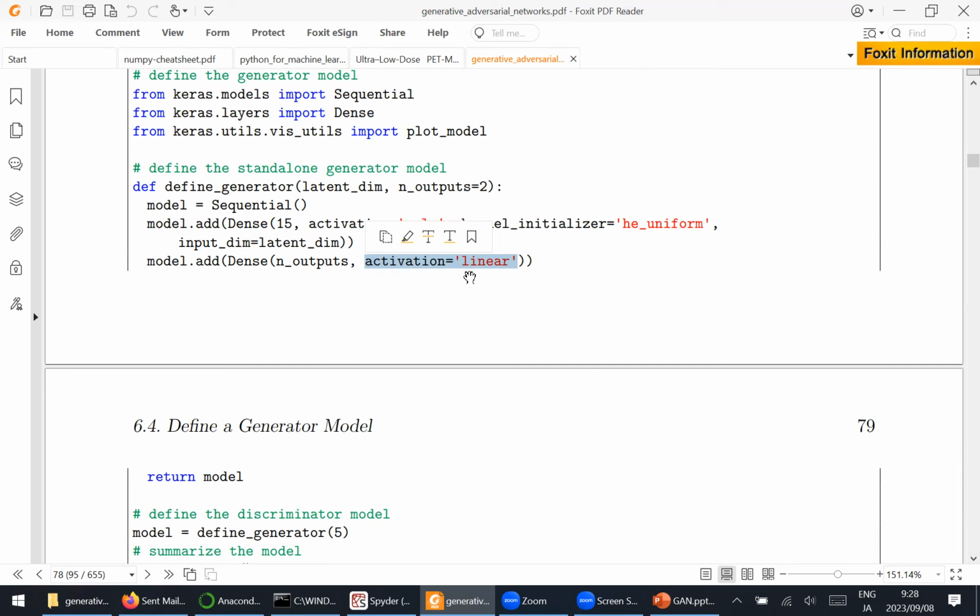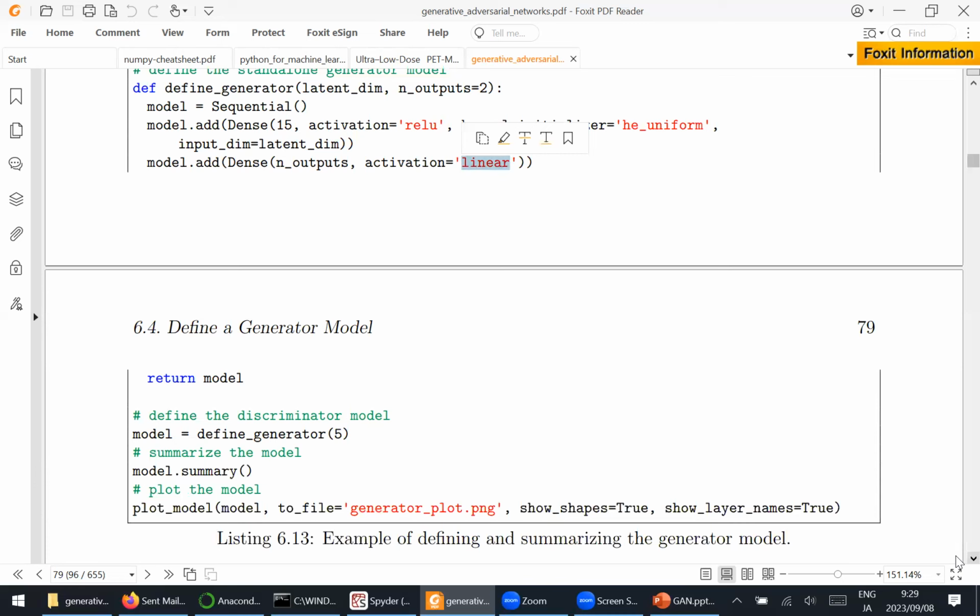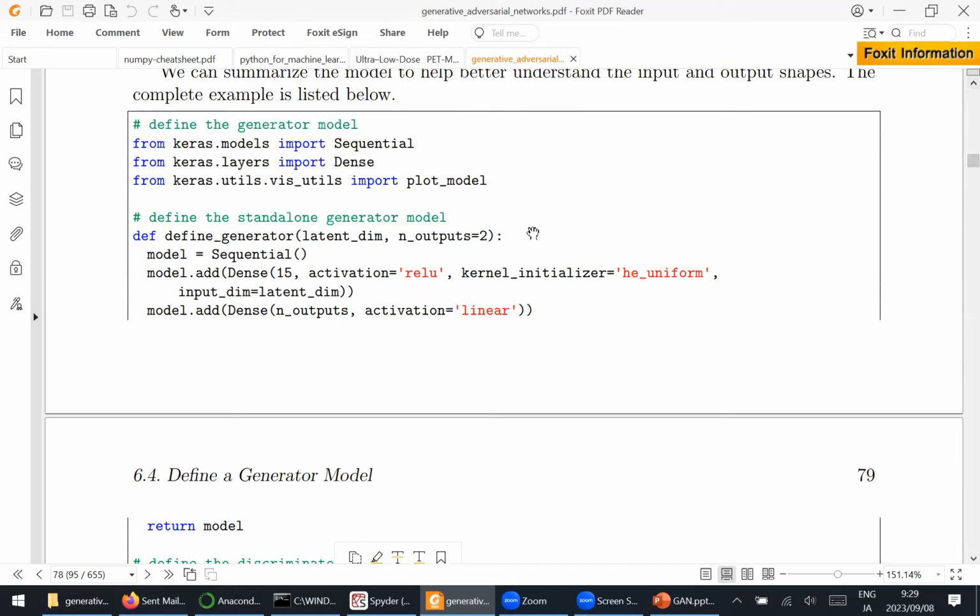It's not sigmoid now. So we're just going to get a value, which should be close to x squared. Now he just chose 5 as the latent space. So it's a vector with 5 floating point values. It's going to be the input to this generator, and it's going to output a number.